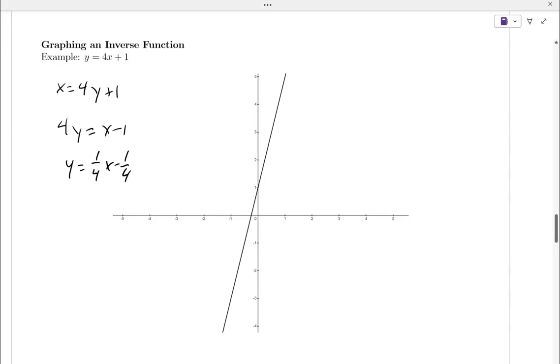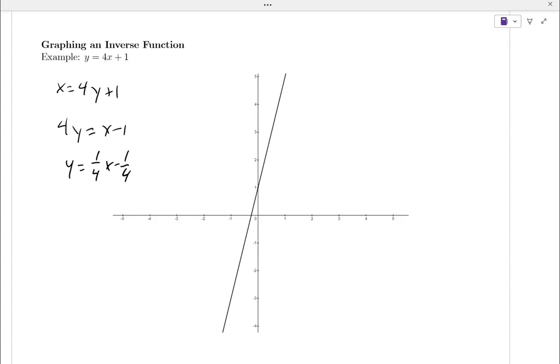So our inverse function would again be a line. What would the slope here be? 1/4, right? The y-intercept would be also negative 1/4 in this case, right?